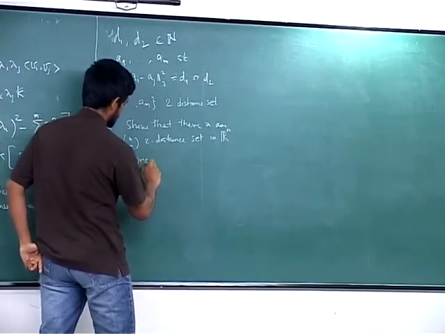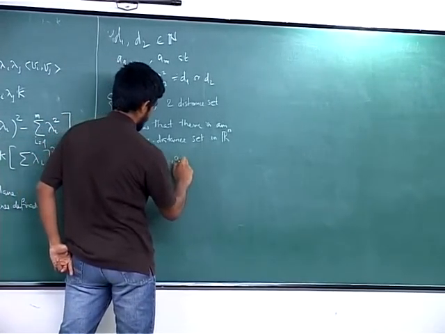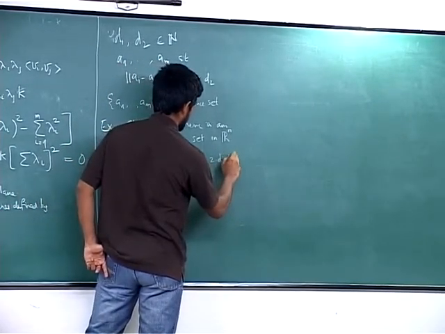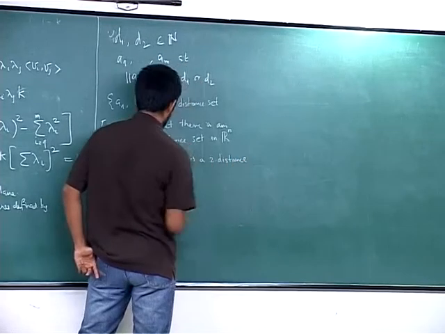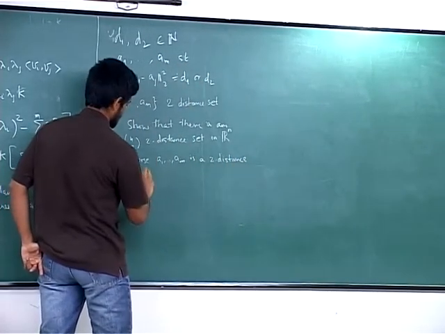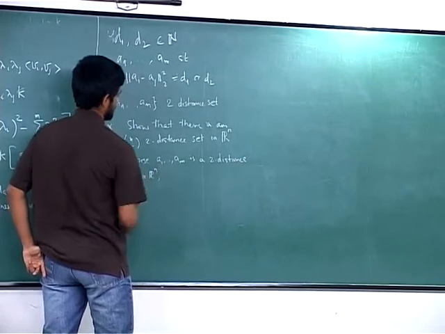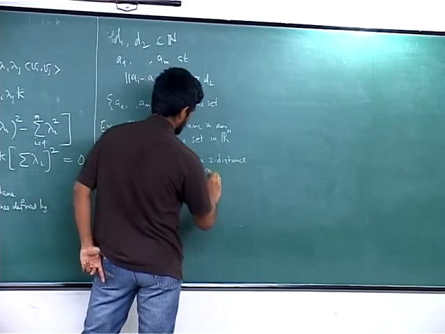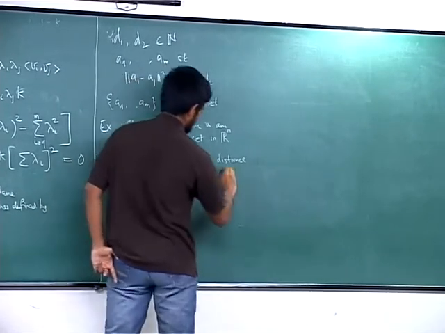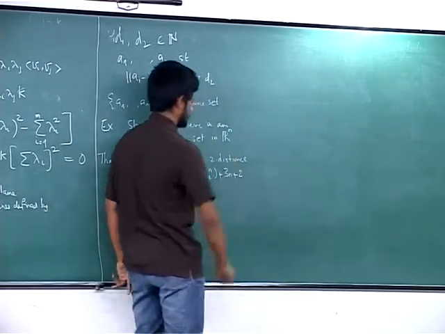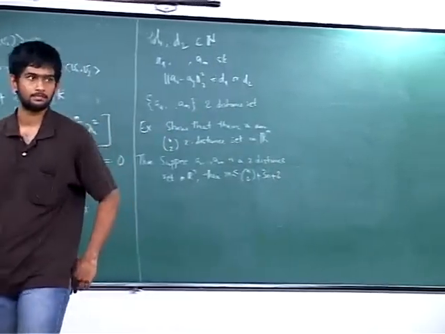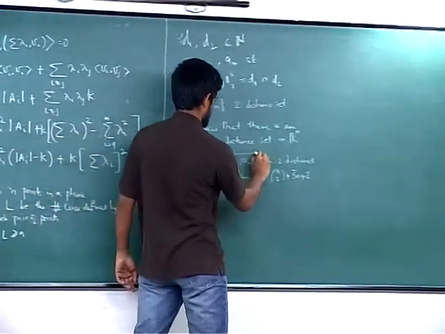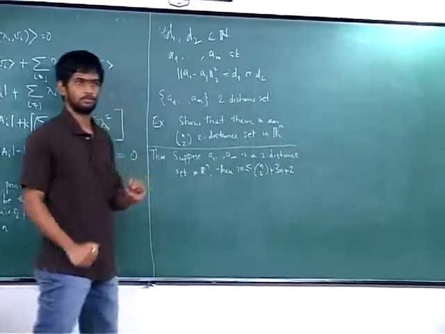Suppose a1 to am is a 2 distance set in R^n, then m can be at most n choose 2 plus 3n plus 2. So this is what we want to prove.